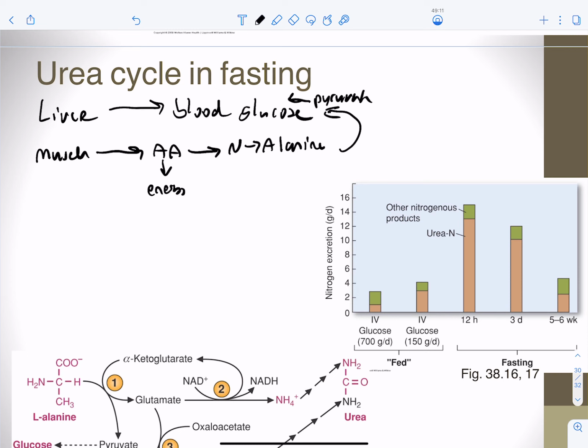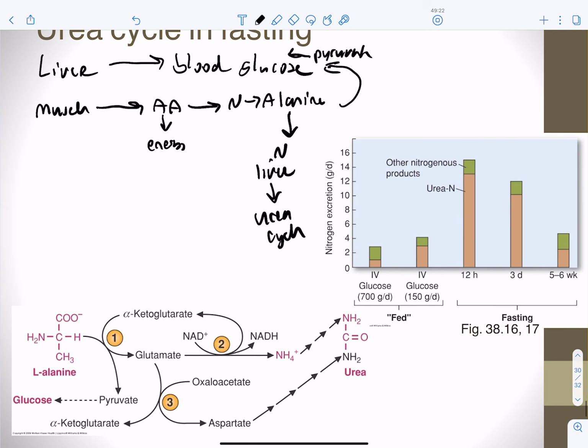The alanine is also going to release a nitrogen, and in the liver, this goes to the urea cycle. So in general, 2 alanines will equal 1 glucose and 1 urea.